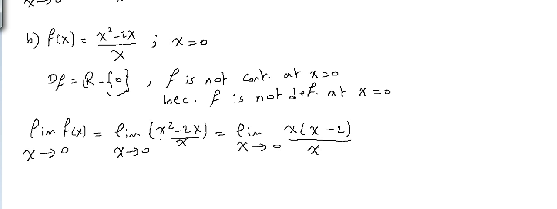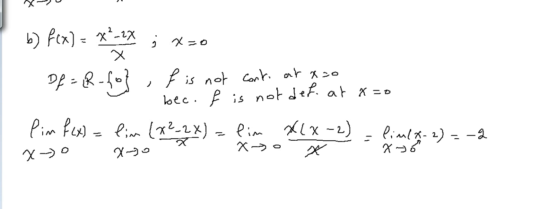If we substitute 0 here, it will be 0 in the denominator and 0 in the numerator as well. So we don't substitute, okay? Because 0 over 0 is an undefined form, we change the form by factorizing. We simplify, we cancel the x. We get the limit of x minus 2 as x tends to 0, and this is equal to minus 2 when we replace x with 0.